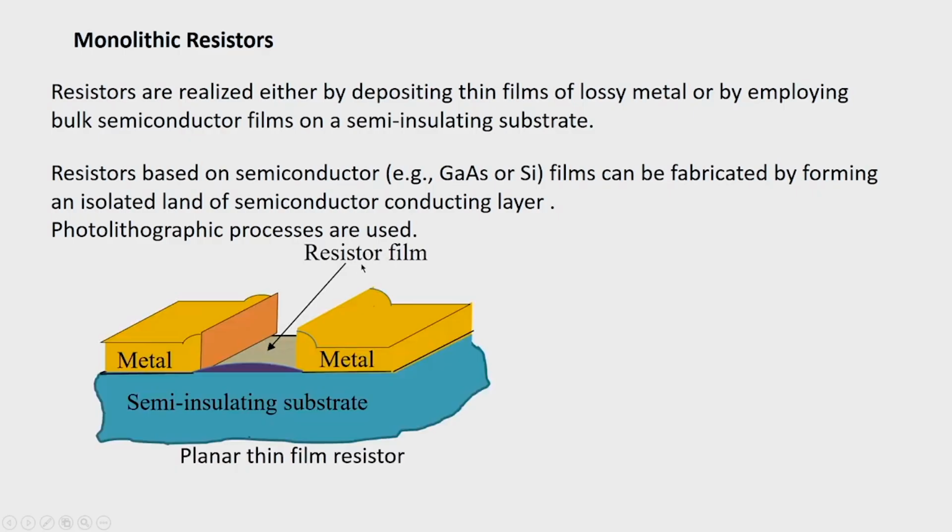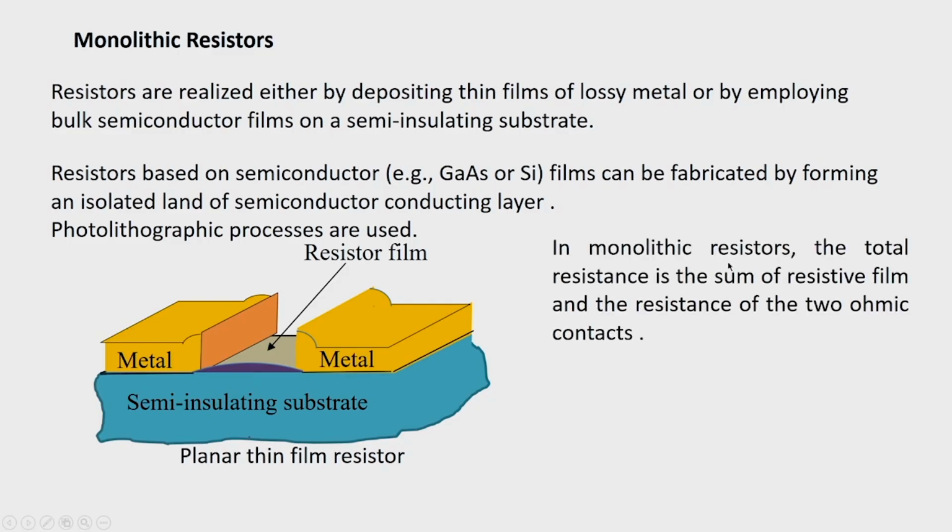So, here we have metallization, here we have semi-insulating substrate and then we have the resistor film. So, this is the planar thin film resistor.